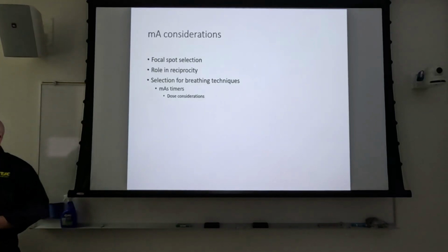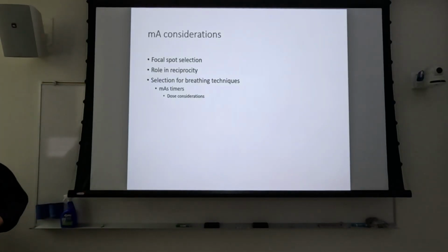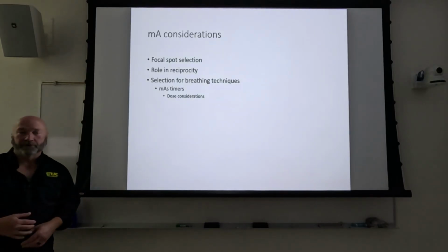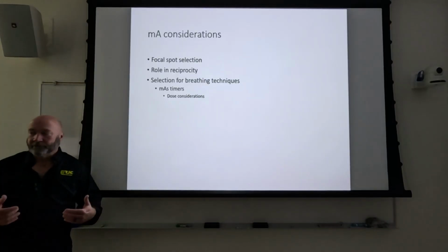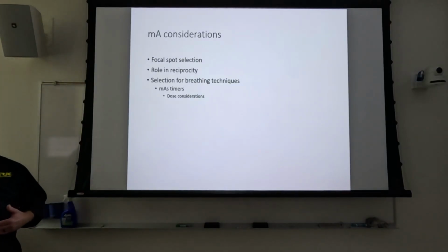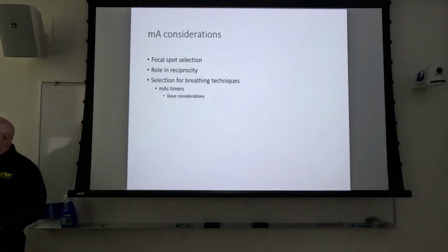I've worked with machines where you actually did see a difference between large and small focal spot, but that's because the machine was messed up, right? 100 mAs is 100 mAs, 50 mAs is 50 mAs, 75 kVp is 75 kVp, and 100 kVp is 100 kVp. So if you have the same technique, if your machine will allow you to shoot the technique on either focal spot, you should get the same identical output from it.